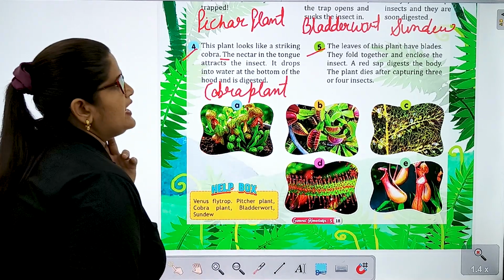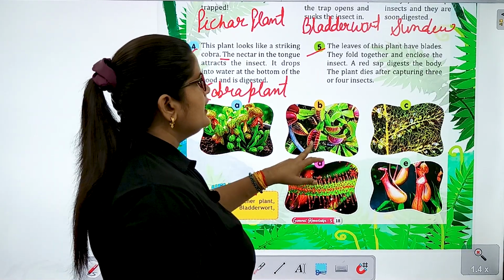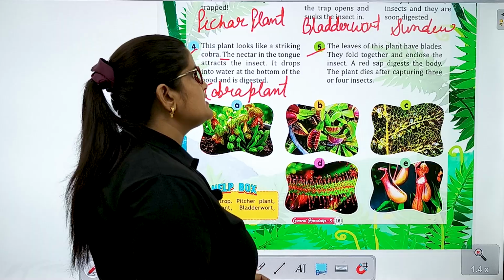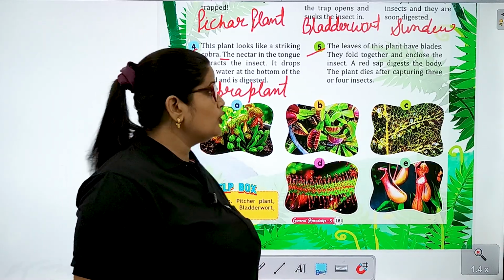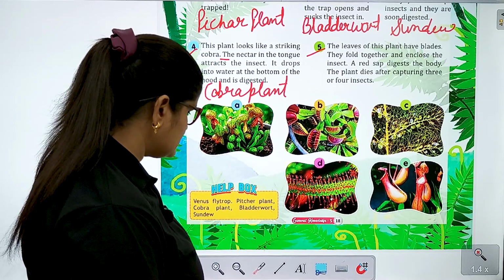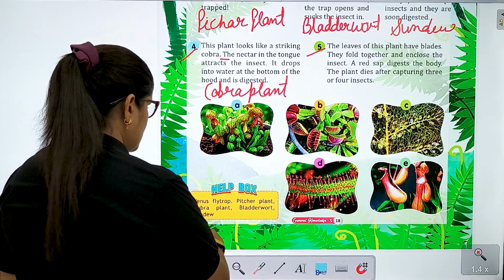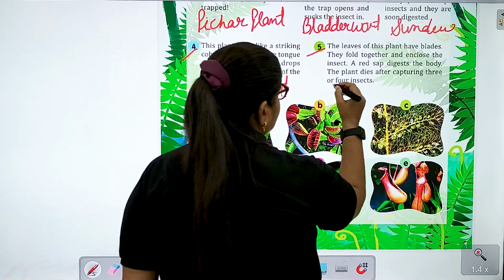Number 5, the leaves of this plant have blades. They fold together and enclose the insect, and red glands digest the body. The plant dies after capturing three or four insects. Right? So our last one is Venus flytrap.